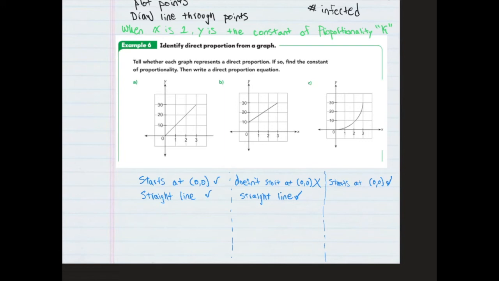And this one is a curve. That means that in the table for this one, those ratios are not going to be proportional. They're not going to be equal to each other. So that would not qualify. So the answer is going to be yes for this one. And then the constant of proportionality, the COP, is going to be right where 1 is.